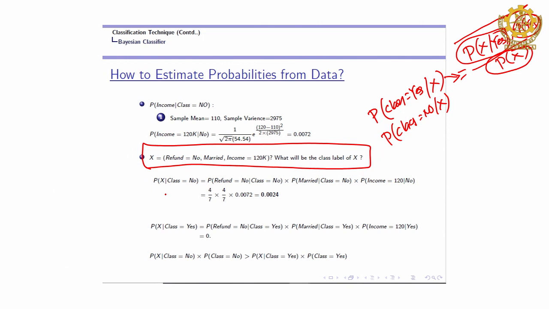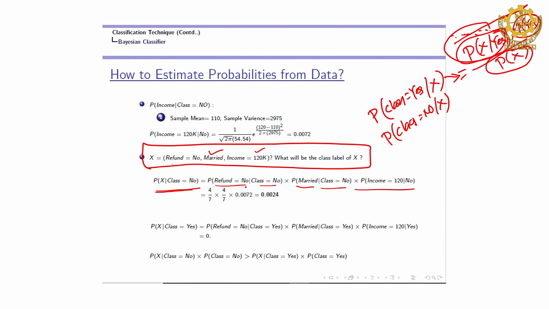The probability of x given class No is the probability of refund No given class No, multiplied by marital status Married given class No, multiplied by income 120k given class No.